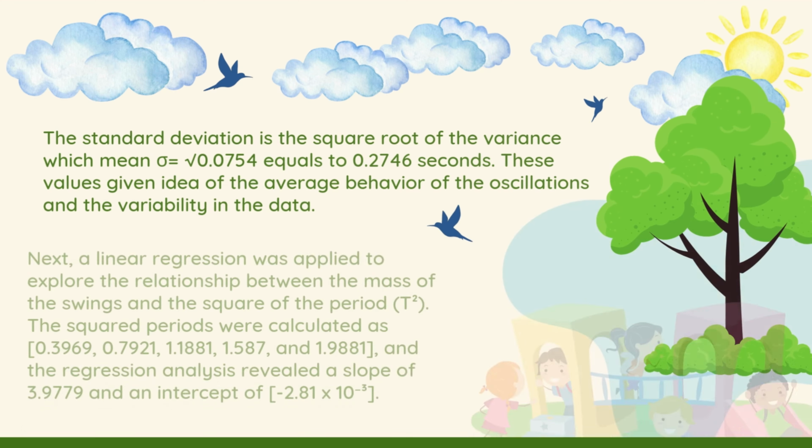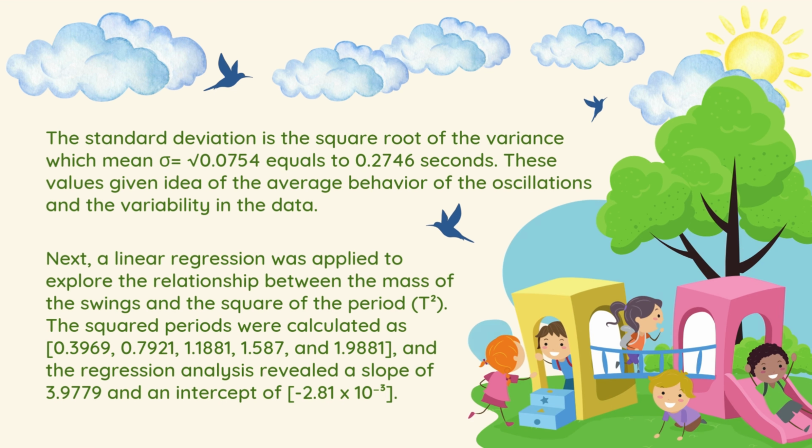As for the standard deviation, it is the square root of the variance, which basically means the square root of 0.0754 equals 0.2746 seconds.